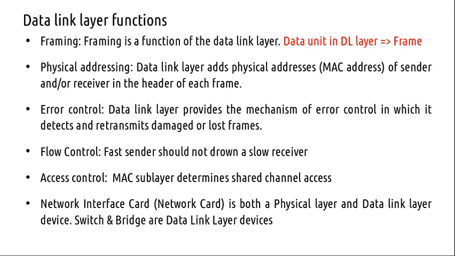Now the issue here is that flow control and error control are also tasks done by a higher layer, the transport layer. The transport layer also does flow control at a much higher level. The Transmission Control Protocol, TCP, in the IP protocol suite, does this task at a much higher level, using sequence numbers, acknowledgements, and so on.